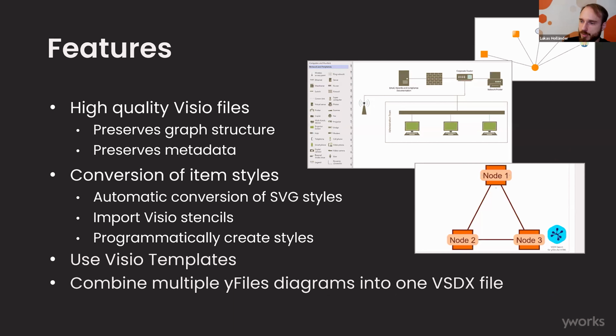And it also preserves the metadata. For example, if you have business data assigned to certain nodes or edges, they can also be brought to Visio and occur as shape data there.